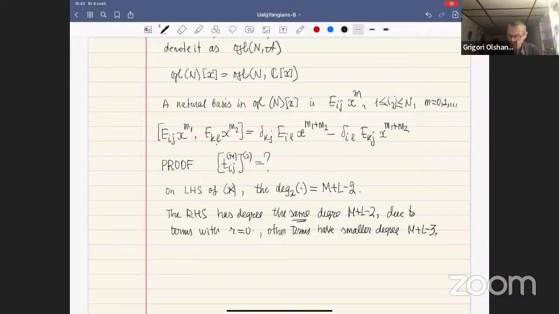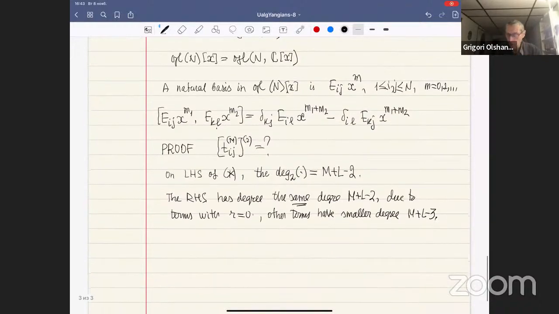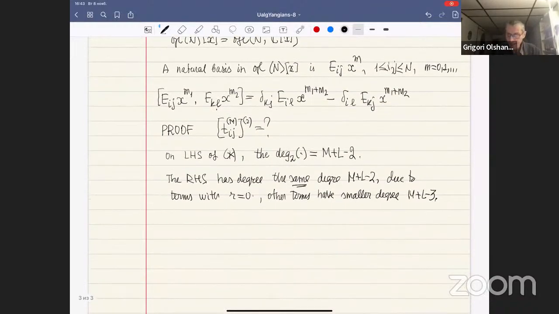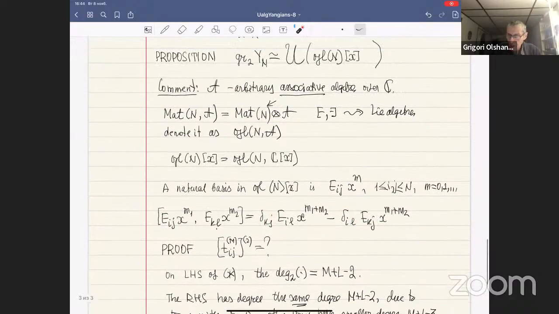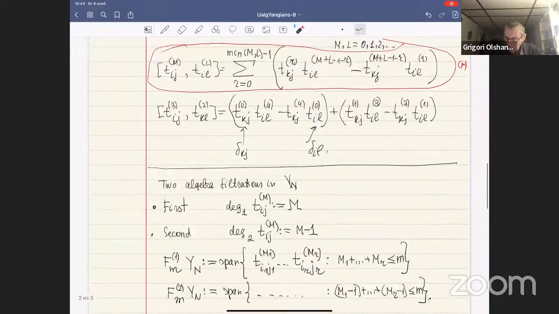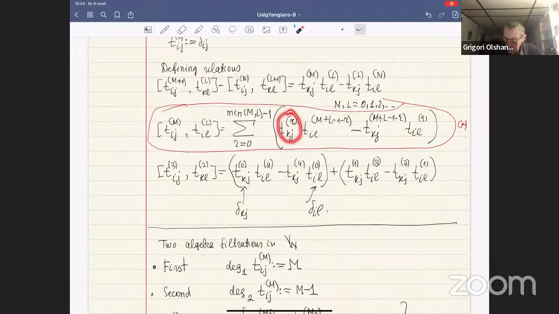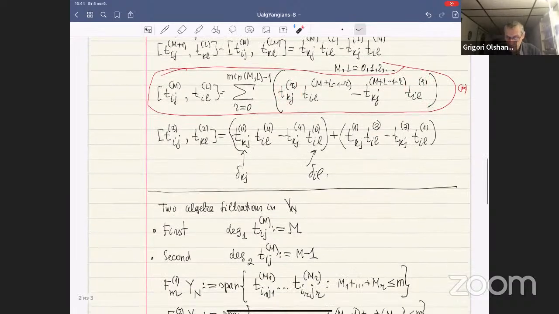So keeping the highest degree, we exactly get this type of commutation relations, which comes with deltas. These deltas just come from these terms. So this is essentially the proof.